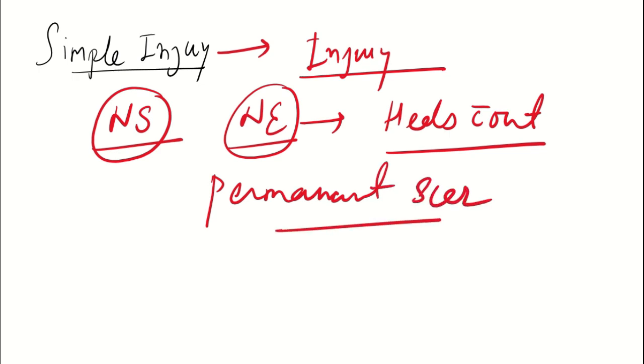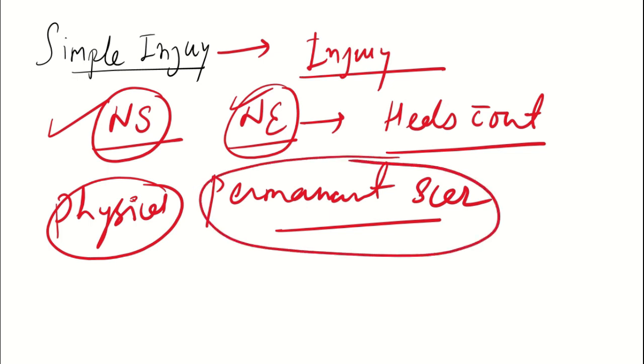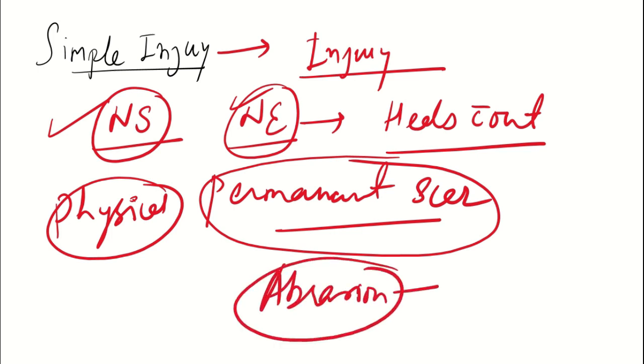So here we are talking about the physical component of injury. Like superficial abrasions, they are simple injuries because they heal without leaving any permanent scar. So these are simple injuries.